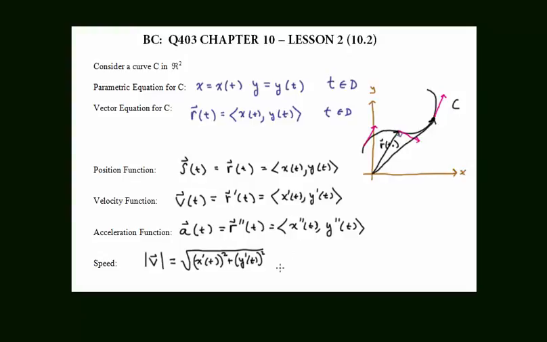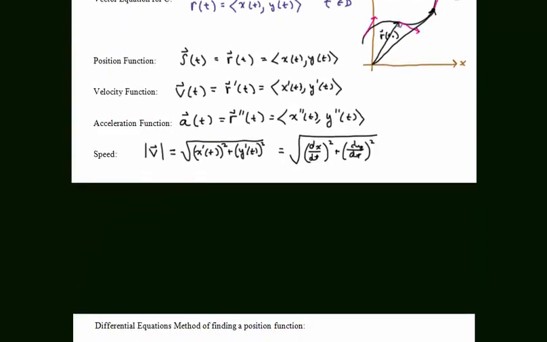Again, that's simple Pythagorean theorem. We could also write that as the square root of dx dt squared plus dy dt squared. You might also notice, ooh la la, that this here also represents an increment of length.